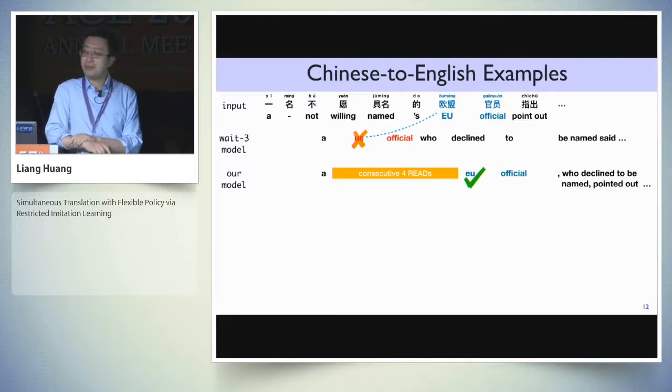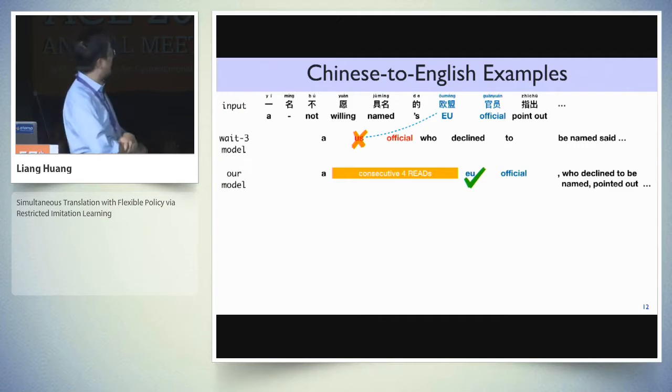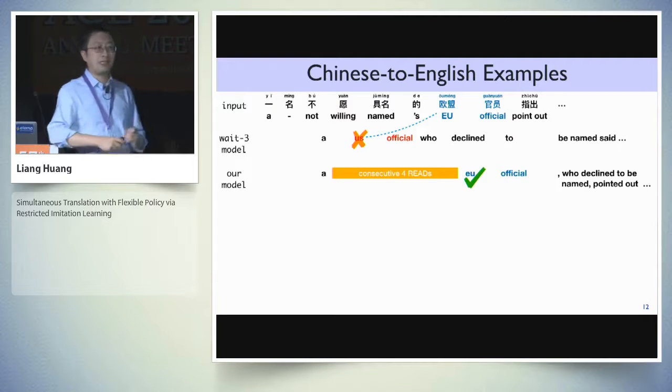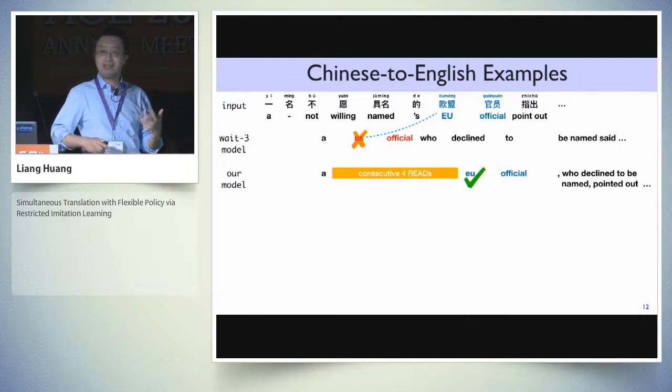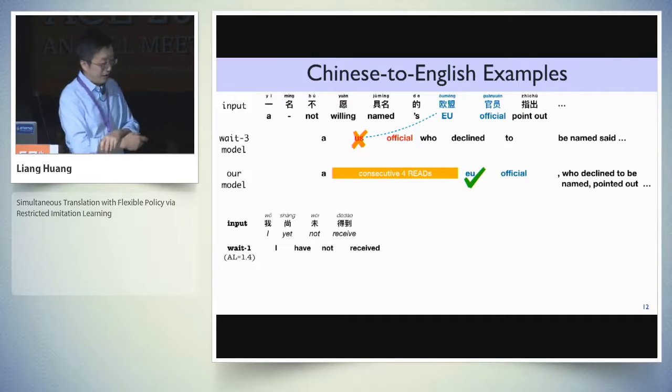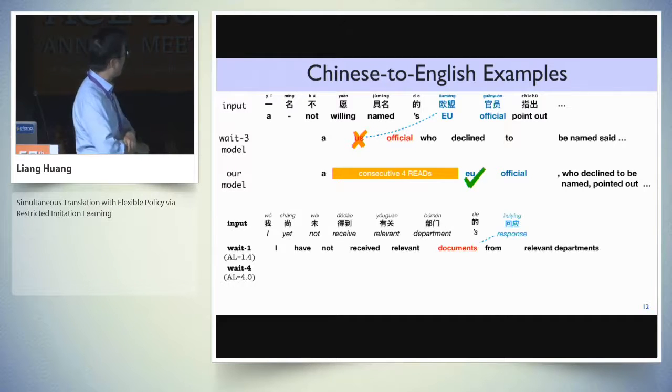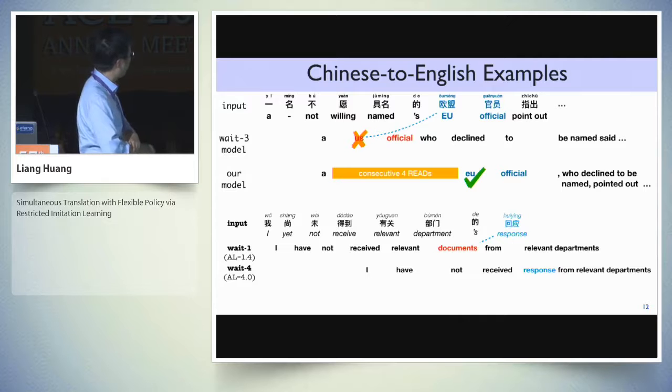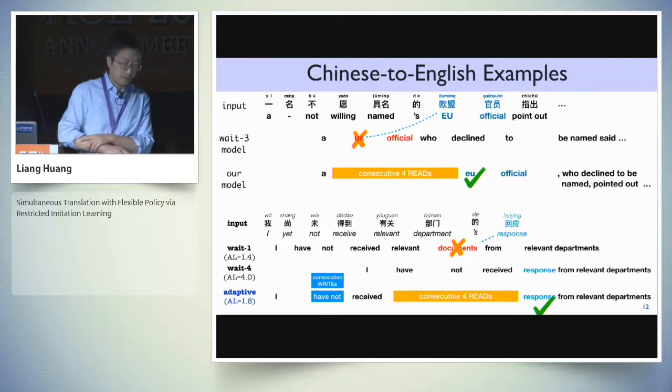But if you look at it more carefully, you will realize that you really made a mistake here, because you should say an EU, but that's too late. Rather you should say one EU or US official. You can decide later. Because if you say the and after 2 seconds you have to say EU. But so that's unfortunate. And this example is the one that I presented initially, that I've not received documents, which is wrong, and it should be I have not received response.